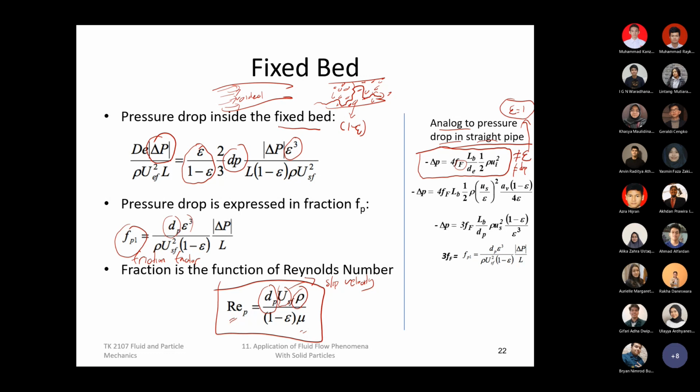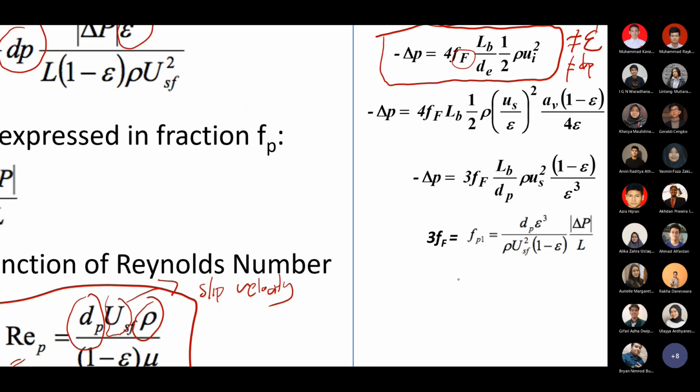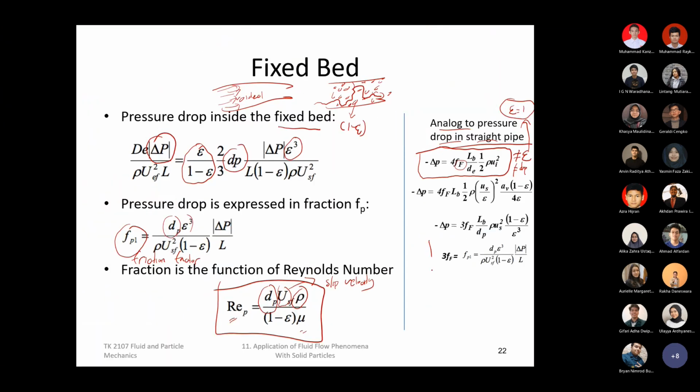Now you can use the F over here. This is the analog of the 3FF, that will be the same as FP.